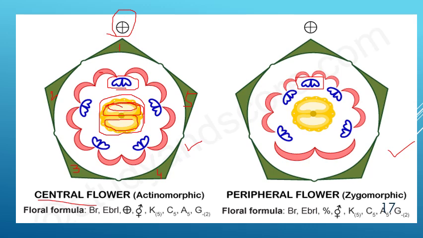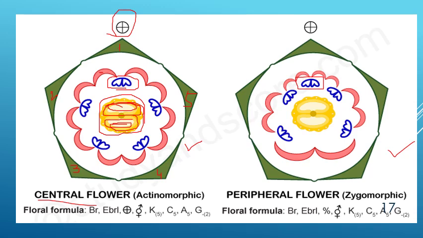This one is one chamber and this one is the second chamber. So it's bilocular in nature. And the ovary is epigynous, means the ovary is inferior.